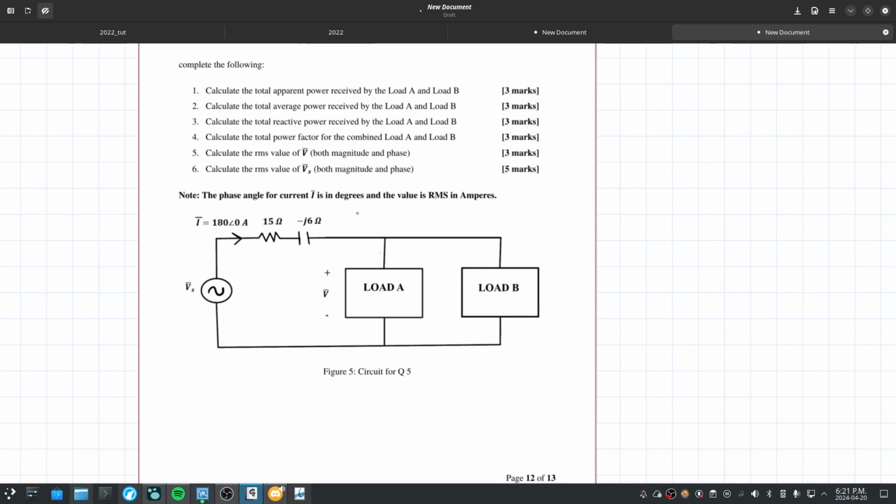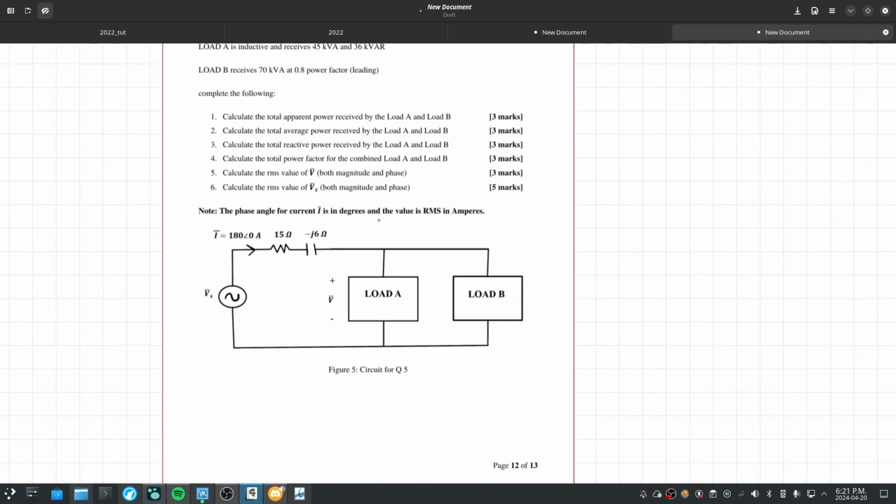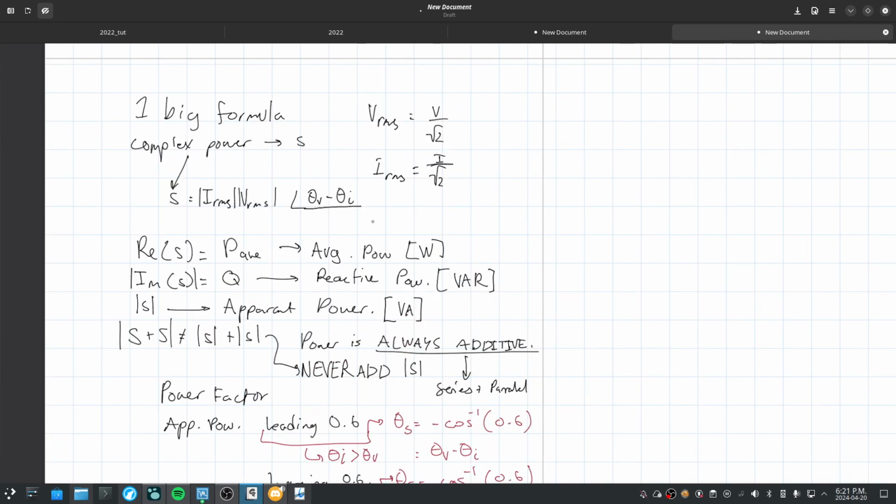First of all, let's think of a game plan for this. You can find the voltage because you can find the resistance of these two loads. Actually, can you? I don't entirely know.